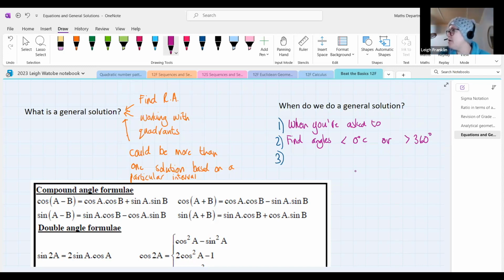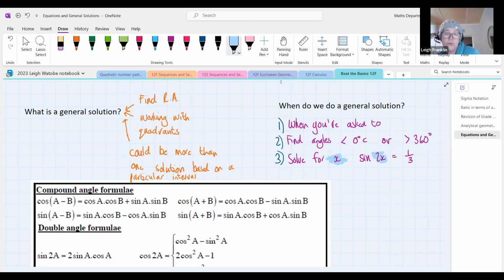Is there any other situation? There is one more situation. You may not know this. Okay, so let's say they ask you to solve 4x, but they give you something like sine 2x equals 1/3. So in other words, the angle that they are asking you to solve for is not the same as the angle in the question.